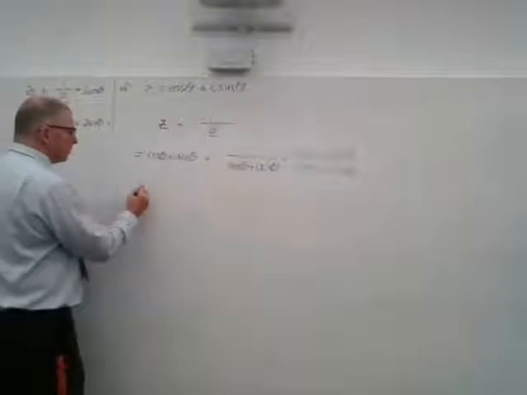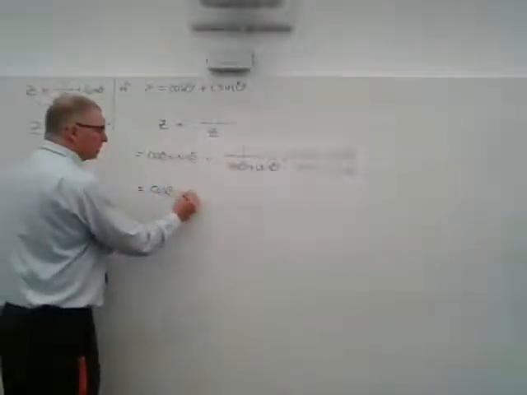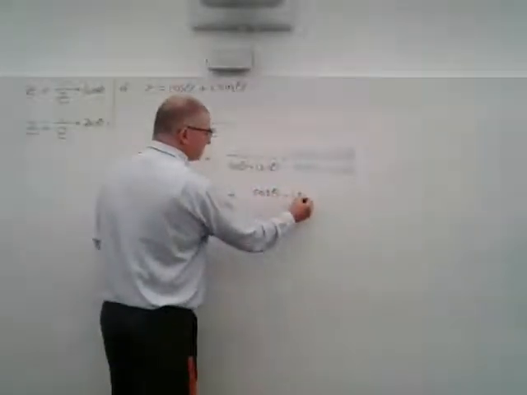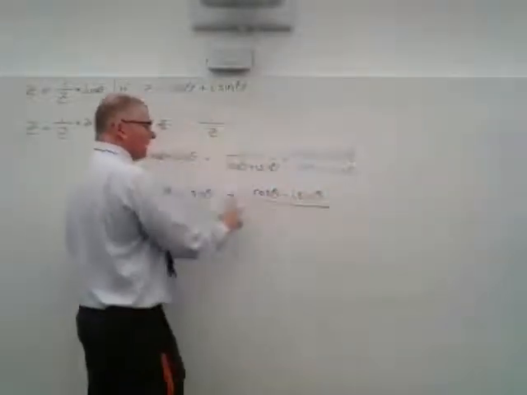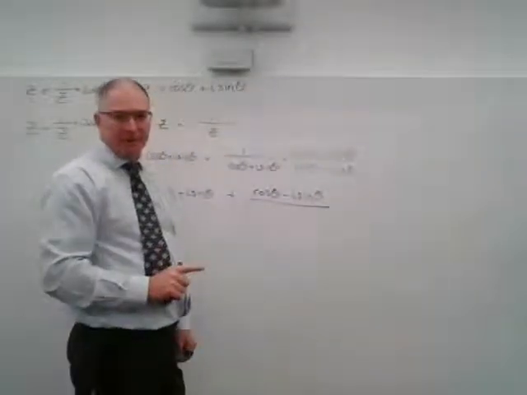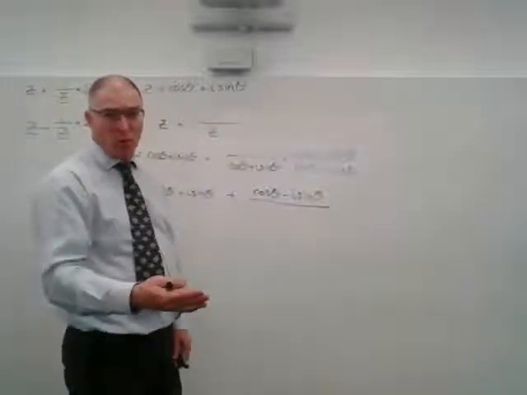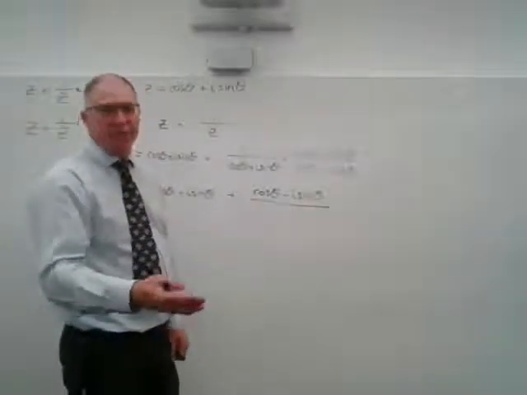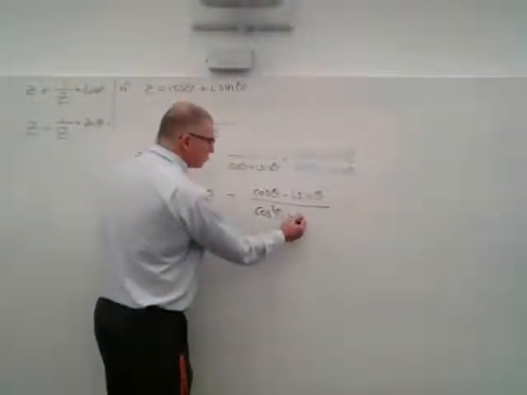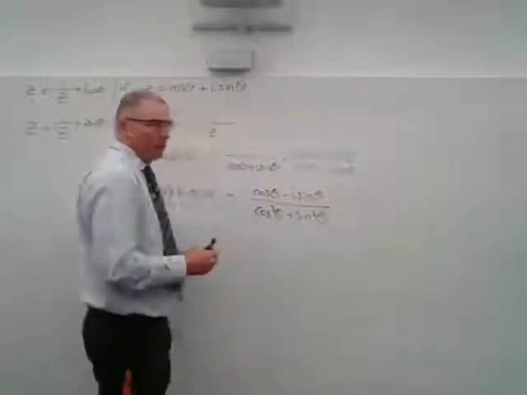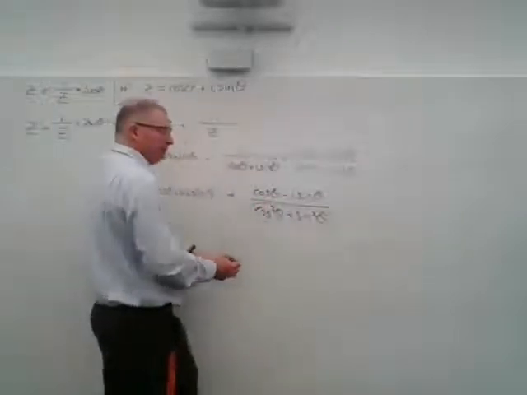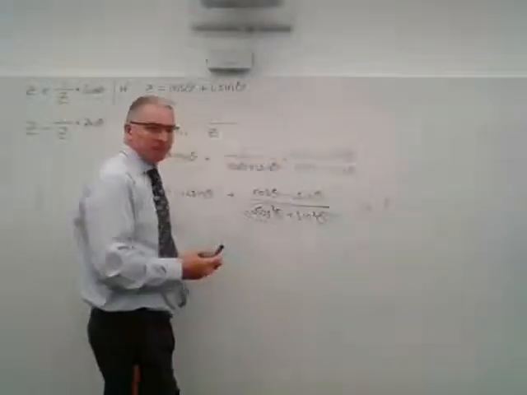So this will be equal to cos theta plus i sine theta plus cos theta minus i sine theta over, and normally that's (a plus b)(a minus b) is a squared minus b squared, but when i is involved, we're going to have an i squared, which is minus 1, so it'll be a squared plus b squared. So it'll be cos squared theta plus sine squared theta, and we know that is 1.